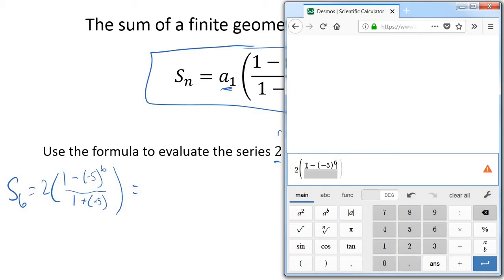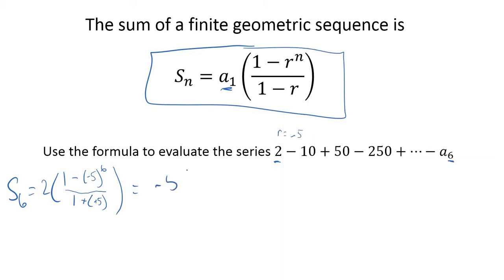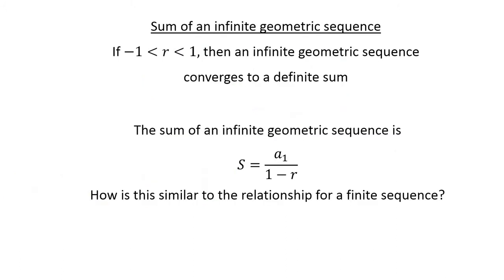So there's my top, right? Just double check here. And then 1 plus 5 down on the bottom, of course. And notice we get negative 5,208. So this series adds up to be negative 5208. Okay, just plug it in. Be careful, not too bad.